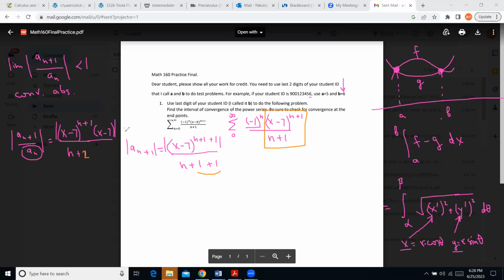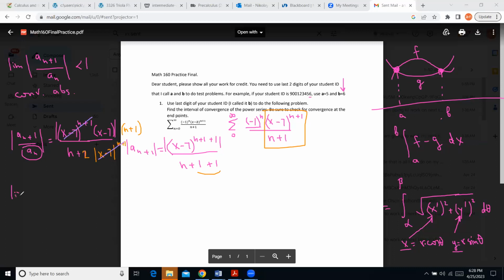So I'll put n + 1 on the top, and (x - 7)^(n+1) on the bottom. I do this to be able to get my favorite canceling step, just like that. So we end up with a limit. Now I can put it all in the limit.